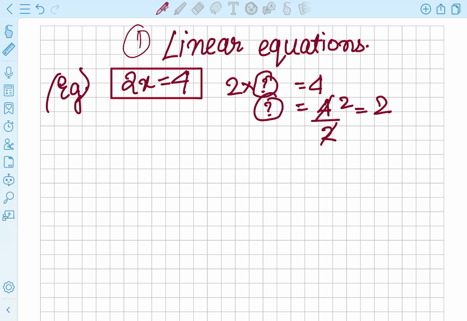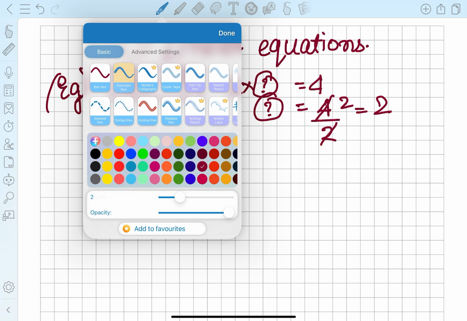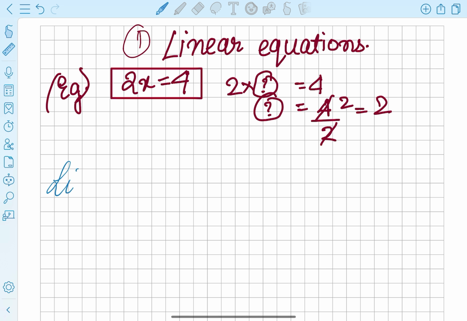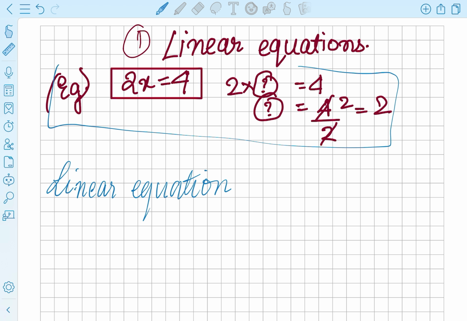Now what is, in specific, a linear equation? I gave you a generalized idea of what is an equation, but now it's time to understand what is a linear equation.